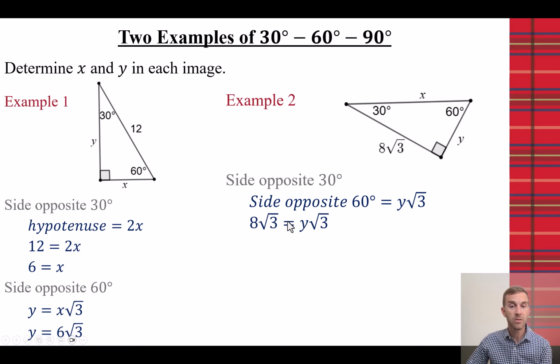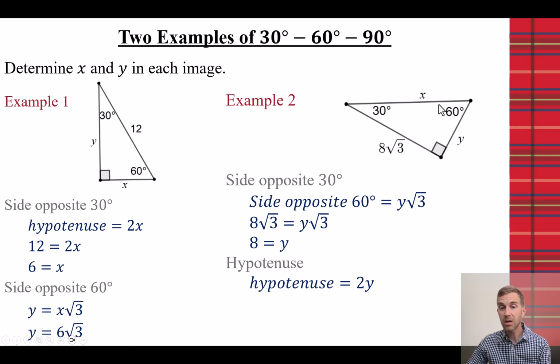So 8 square root of 3 equals y square root of 3. If I divide both sides by the square root of 3, I'm left with y being 8. Now I can figure out my hypotenuse because I know my hypotenuse is always double the side opposite 30 degrees, which is y. 2 times 8 will give me 16 units.